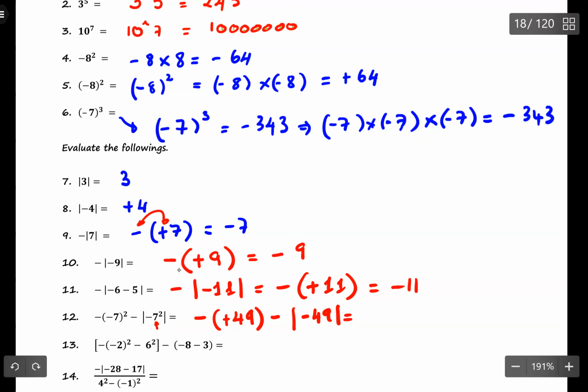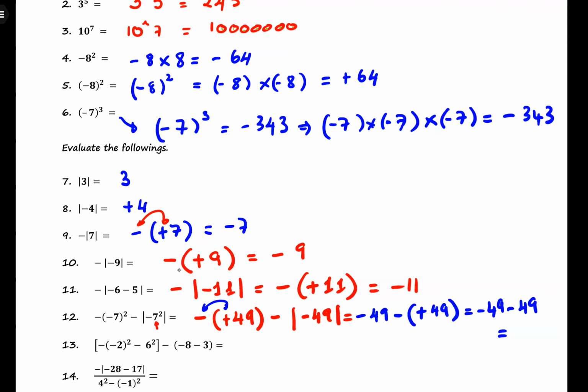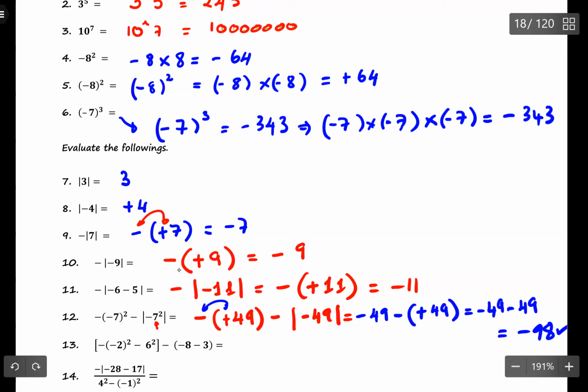So this and this should give me a -49. Then I write subtract bracket +49. So in this case, I should have -49, subtract 49. My answer should be -98. Alright, okay. So far so good.